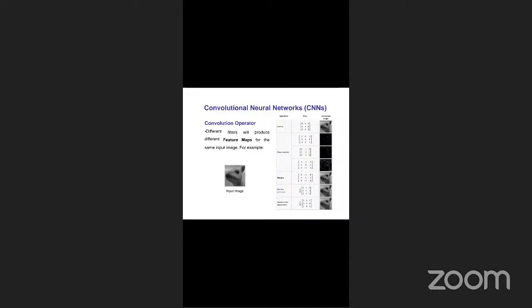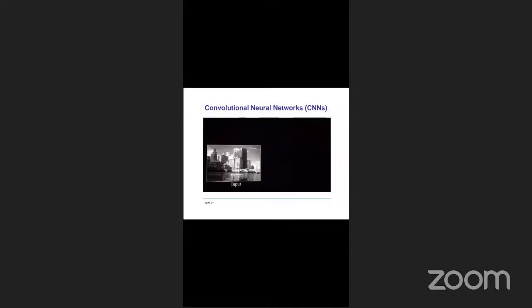For example, here on the right side are given so many filters we use, or we can call them kernels, and we capture each feature in the image. This is the convolutional neural network used on an image which consists of buildings, and we have got successful results.